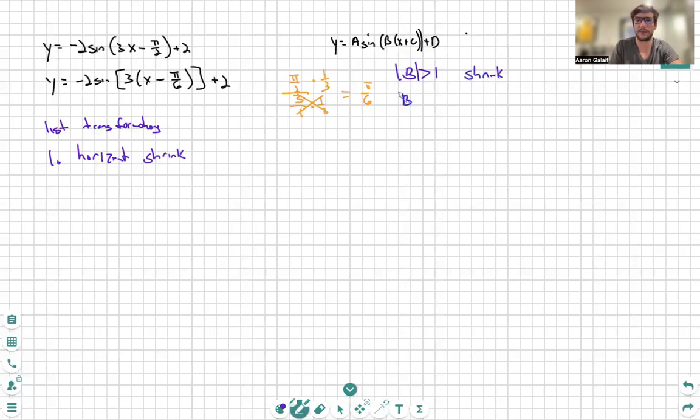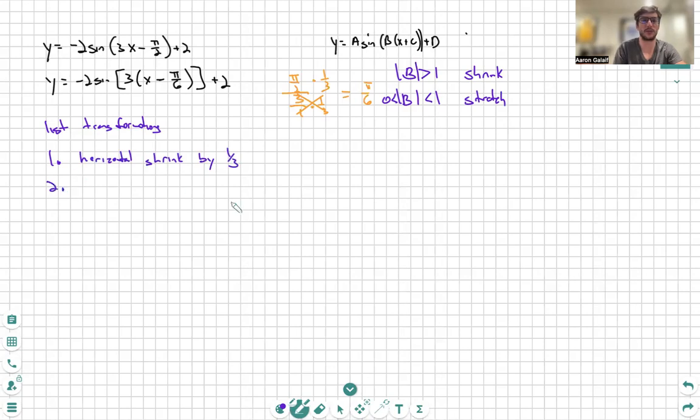And when the absolute value of b is between 0 and 1, like a fraction smaller than 1, we have a stretch, which is the exact opposite of how a responds. So we have a horizontal shrink by a factor of 1/3.